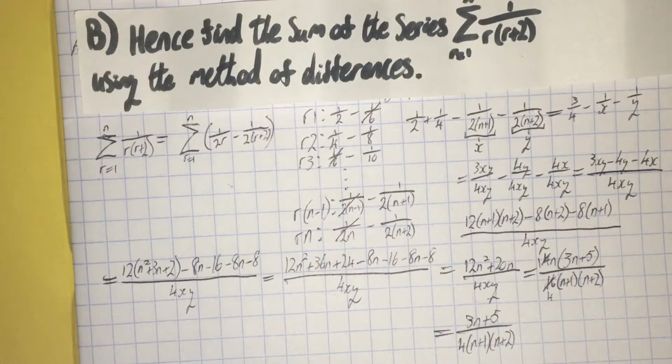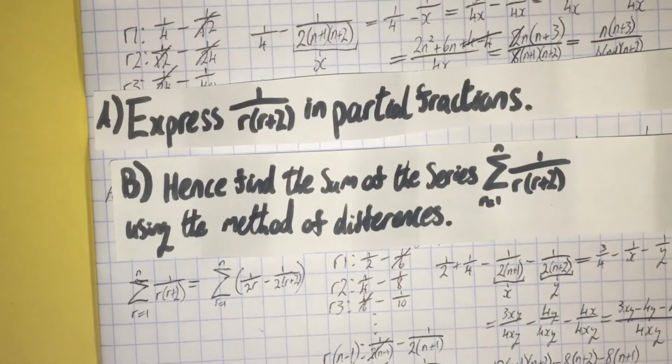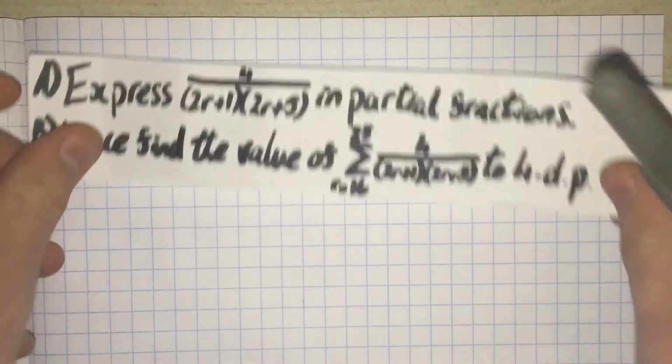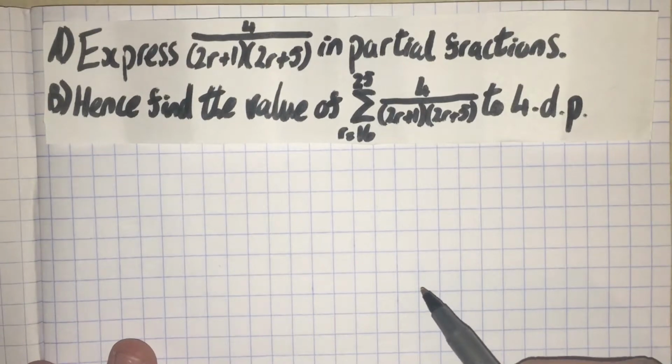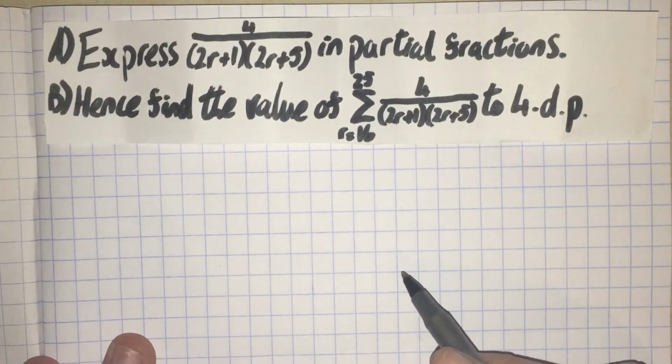Now I've only got one left that I want to go through, so start a new page and we shall look at our new question. So we've got more partial fractions again, that's to be expected, I suppose.